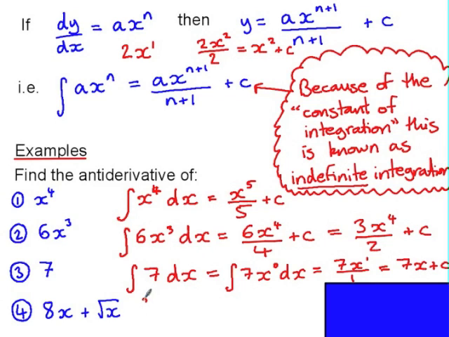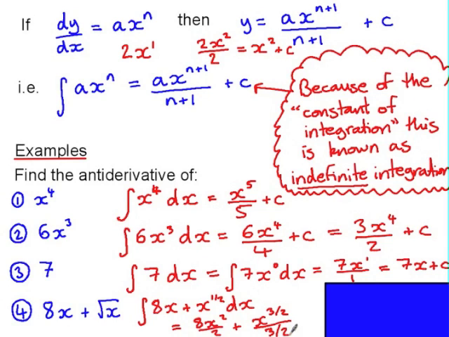And finally, this is the integral of 8x plus x to the power of a half with respect to x, 8x squared over 2 plus x to the power of 3 over 2 over 3 over 2, which is 4x squared plus 2 square root of x cubed over 3, and don't forget the plus c.